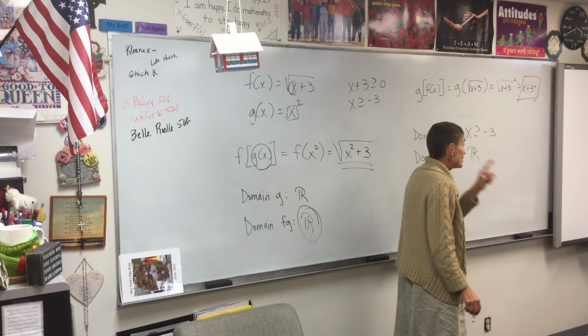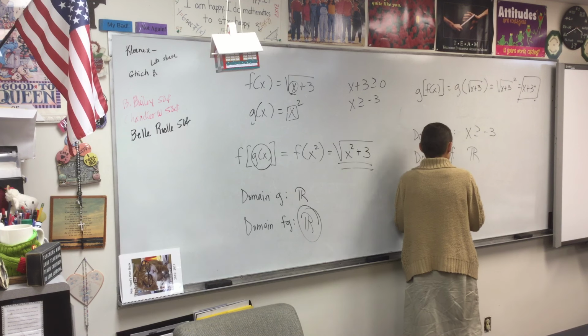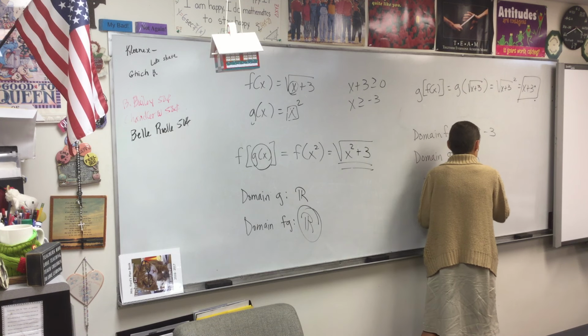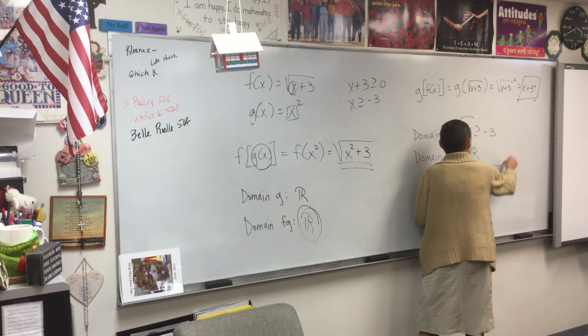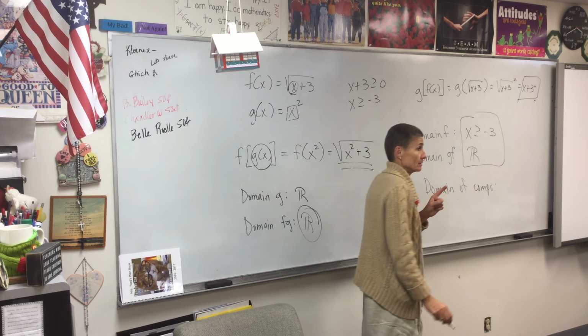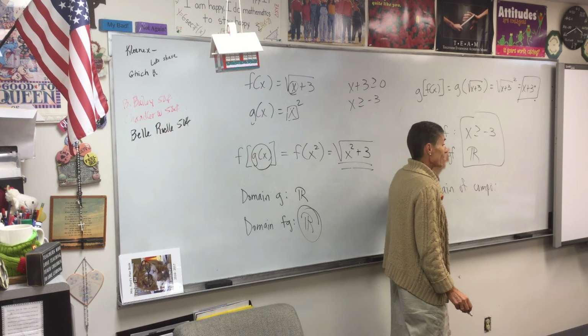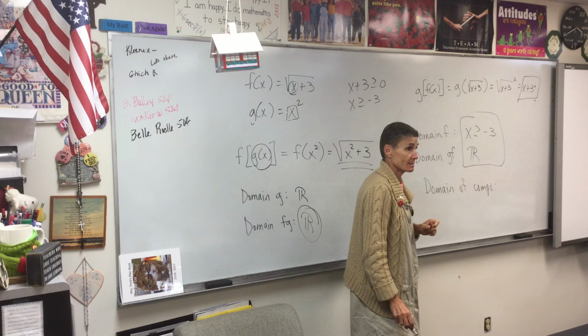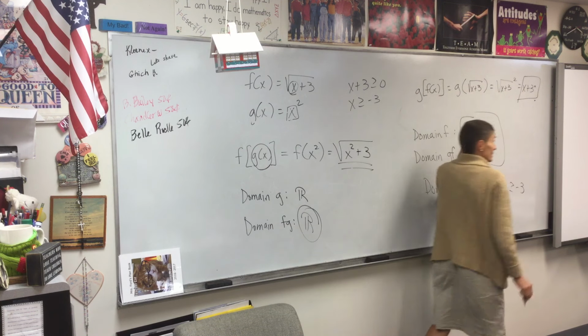Now, when you give me the final answer, what is the domain of the composition? You must put these two together. What numbers are going to satisfy both of these domains? Just the numbers bigger than or equal to -3.